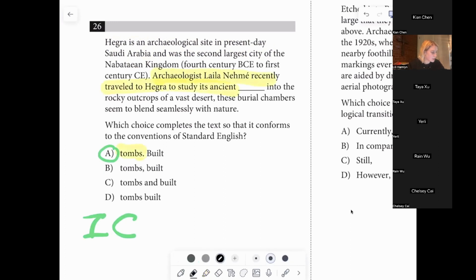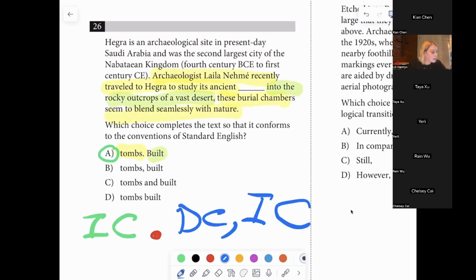That's the independent clause. So then we need to have a period afterwards. And then we actually have a dependent clause and then an independent clause again. But we need to separate. If we have independent clause, then dependent clause, comma, independent clause, we still need to separate these two ideas with the period because otherwise it would be a run-on.